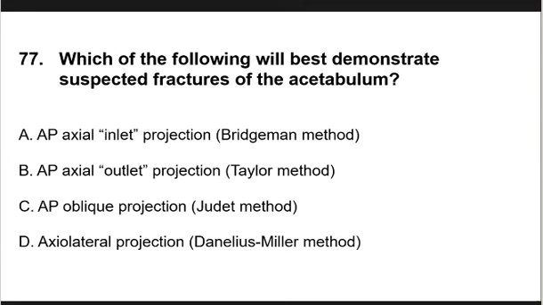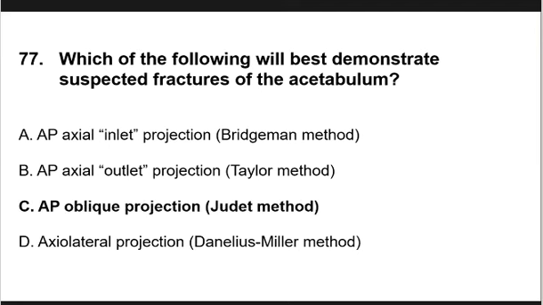Next number 77. Which of the following will best demonstrate suspected fractures of the acetabulum? So suspected fractures of the acetabulum, laging tatandaan, di ba? Yung Bridgman method, anong dine-demonstrate natin dyan? That is pelvic inlet. Ang Taylor method, anong dine-demonstrate natin? That is pelvic outlet. Ang Judet method, ano ang dine-demonstrate?